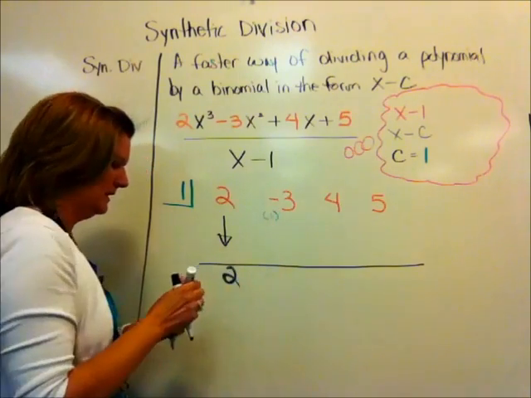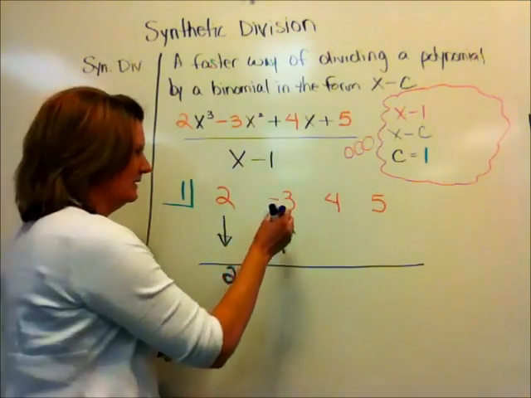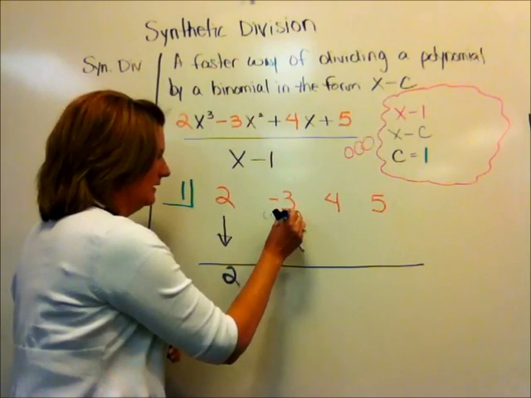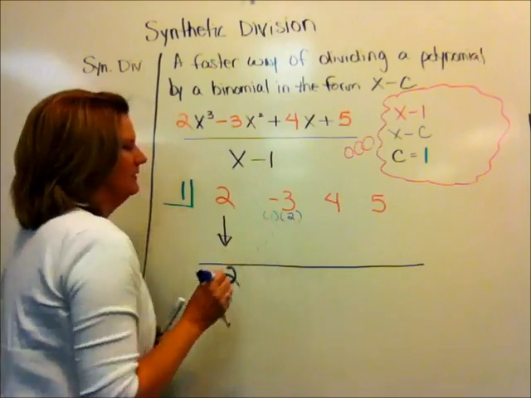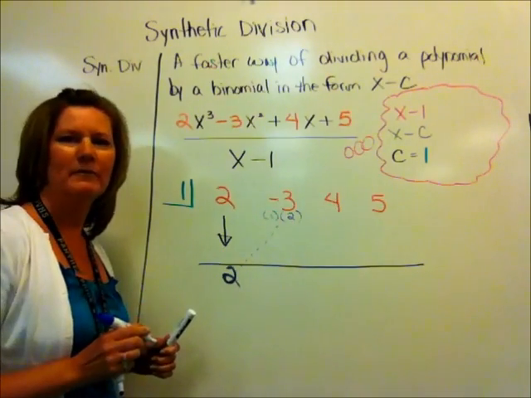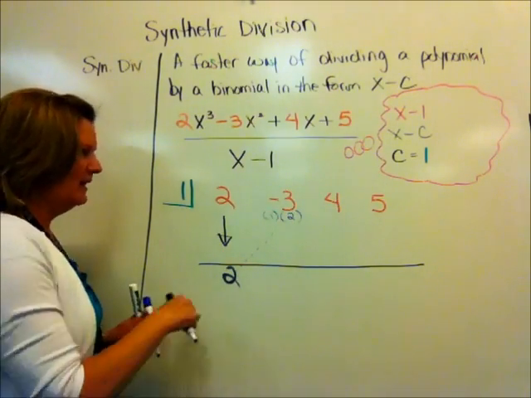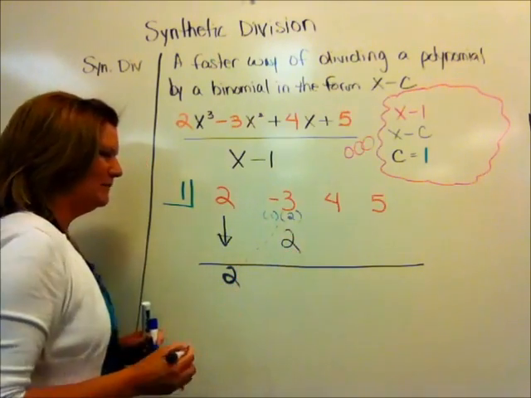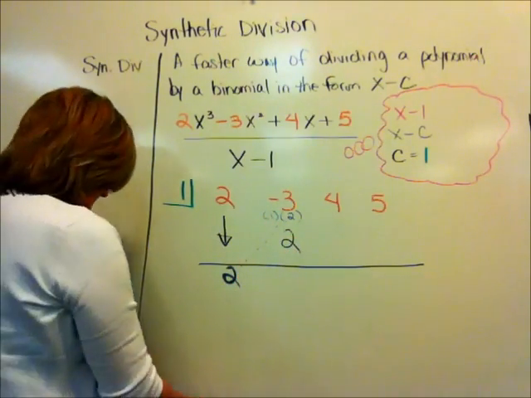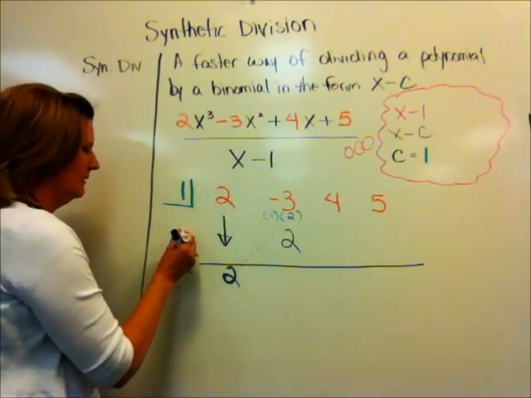So I have 1 times 2, and this 2 is coming from right here. 1 times 2 is 2. And I'm going to add down. I'm going to put a big red plus sign here.